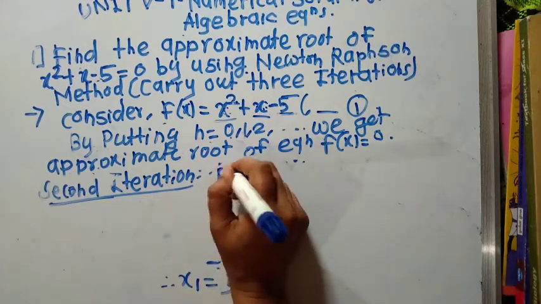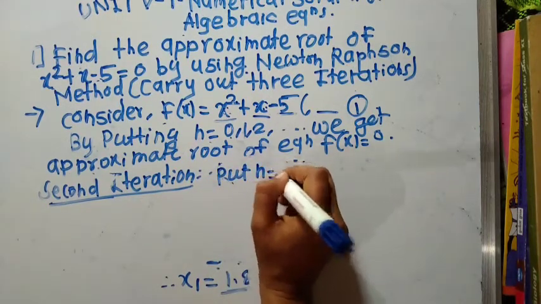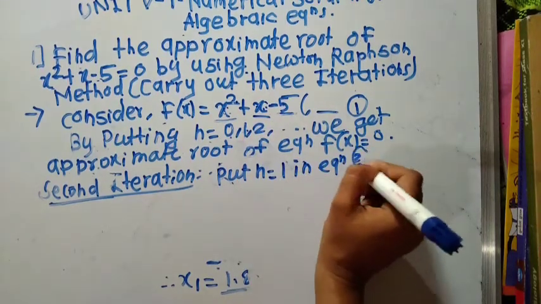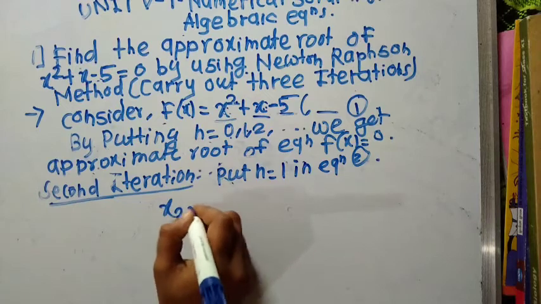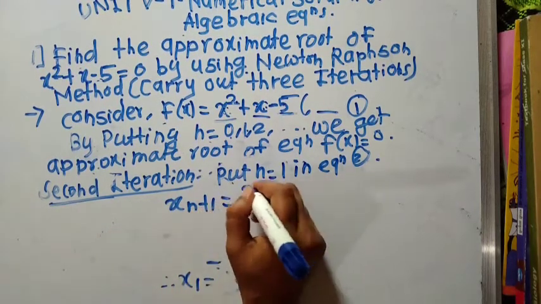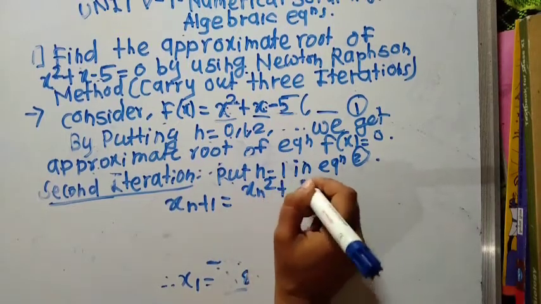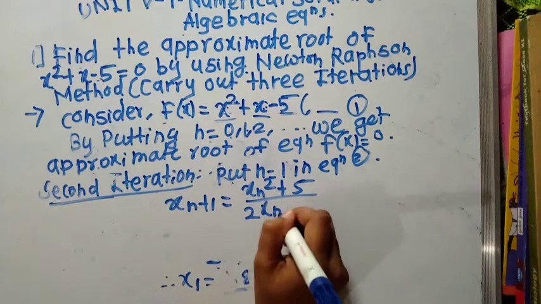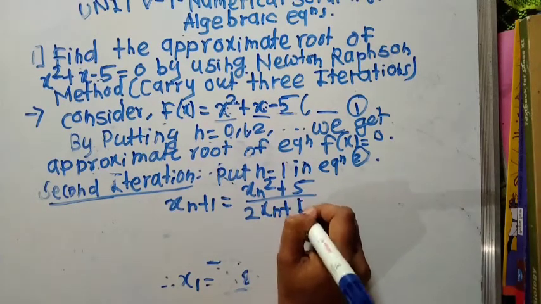So put n is equal to 1 in the second equation. What is the second equation? xn plus 1 is equal to xn square plus 5 divided by 2xn plus 1.